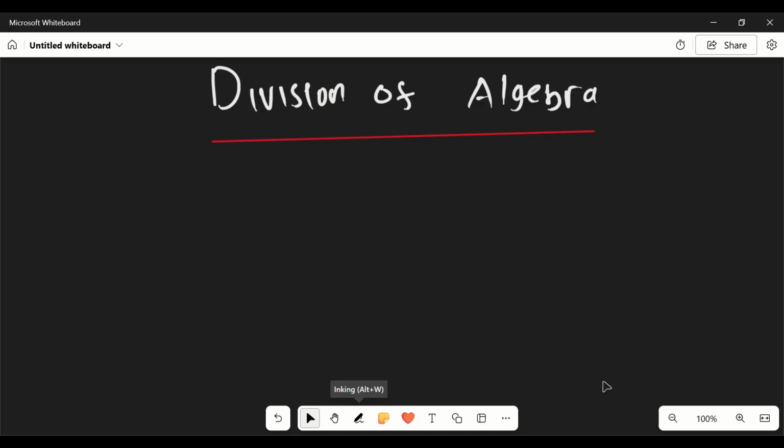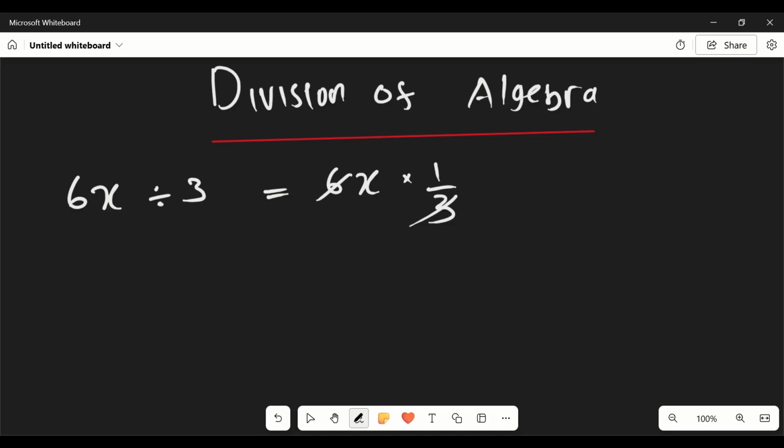Division is just reversing multiplication. For example, 6x divided by 3. So we can write it this way: 6x times 1 over 3. This is cancelled out. We get 2 because 6 divided by 3 equals 2. So we have 2x. This is another one. We have 12x squared divided by 4x.